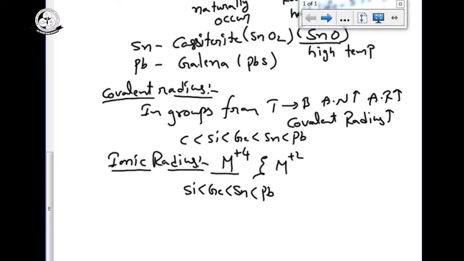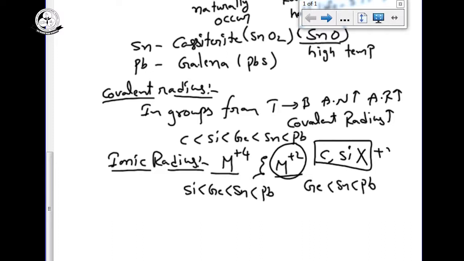For +2, we have to discuss only germanium, tin, lead. Meaning of this one, +2, carbon and silicon cannot exist in the +2 form.